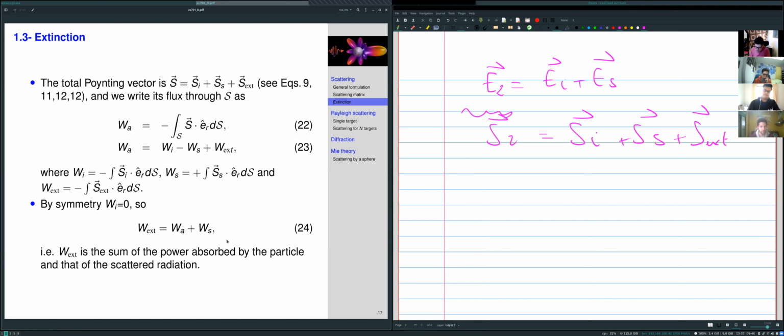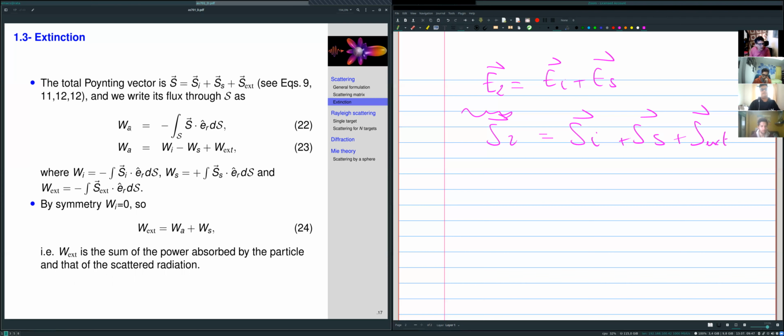So I missed a step in the reasoning here, so I need to rewind a little bit. This W small a is indeed the flux through the sphere, but I've labeled it lower case a because it's also the flux absorbed by the particle. How does that work?